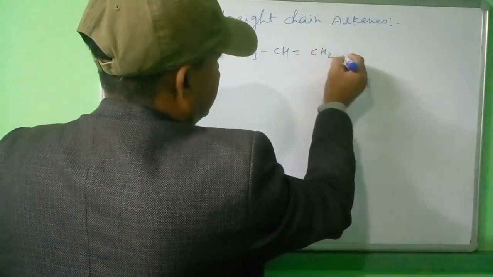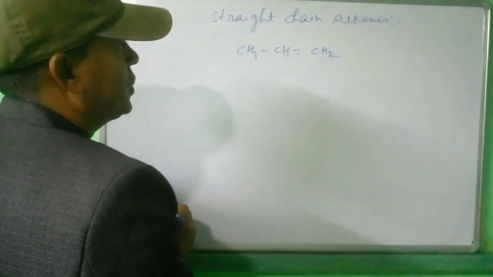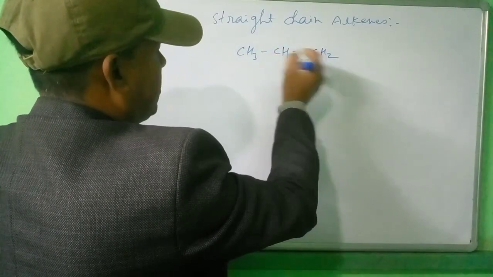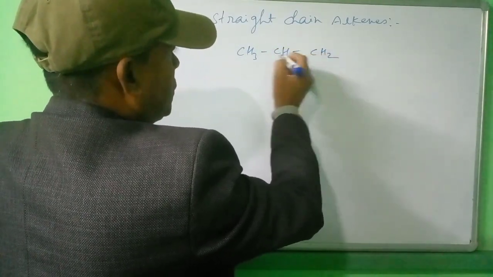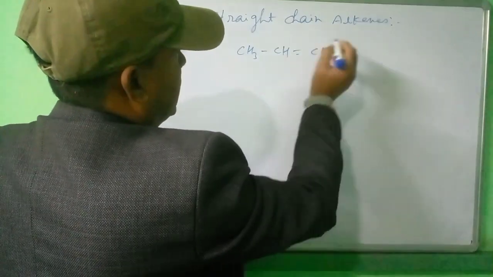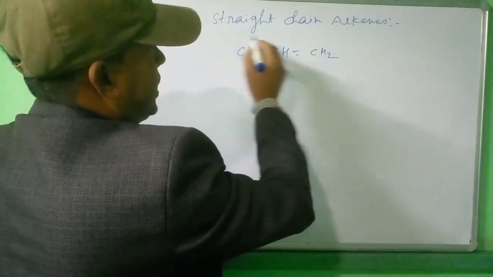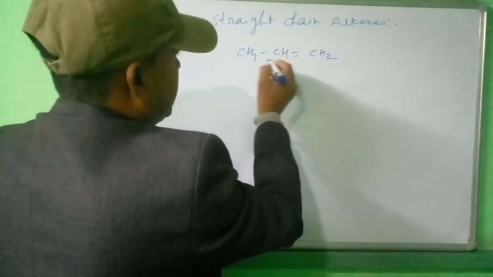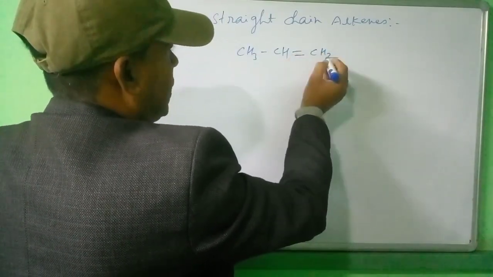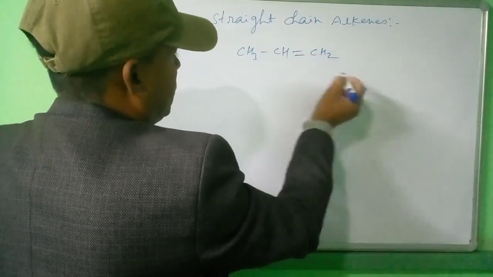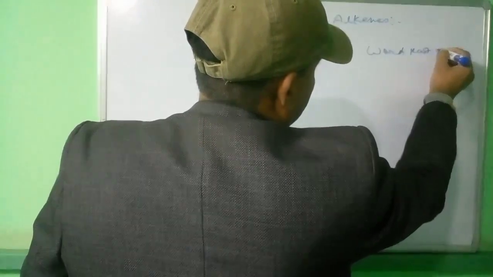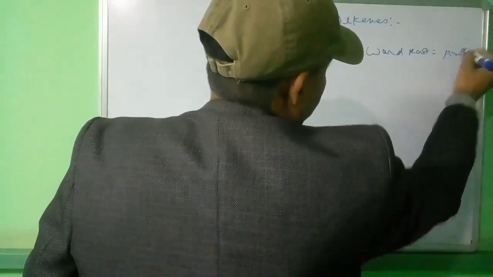Suppose your compound is like this: CH3 CH double bond CH2. So what is the name? Here there are only 3 carbons, so the word root is prop.